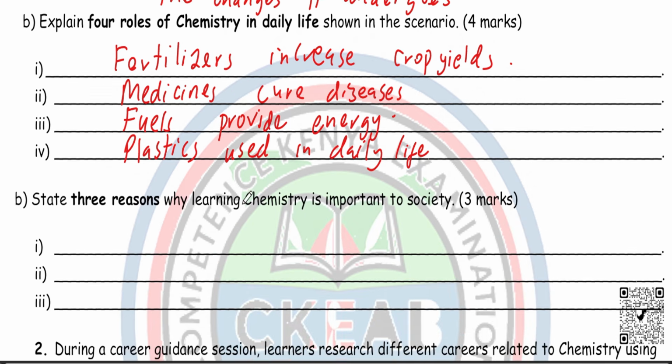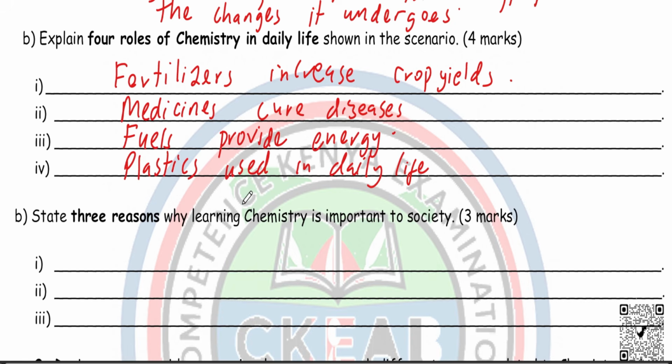This is question C, 1C. State 3 reasons why learning chemistry is important to society. First of all, it improves agriculture. Basically, if you have fertilizers, you are able to increase crop yields, and as a result, improve the agriculture of the nation.